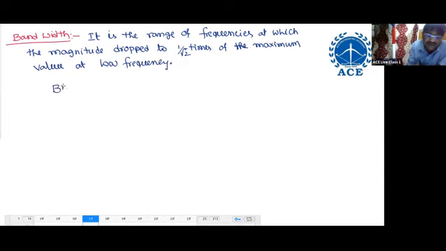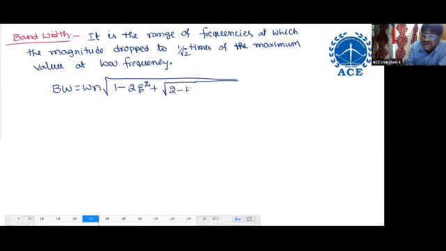What is the formula for bandwidth? Omega n into root of 1 minus 2 zeta square plus root of 2 minus 4 zeta square plus 4 zeta power 4, in radians per second.